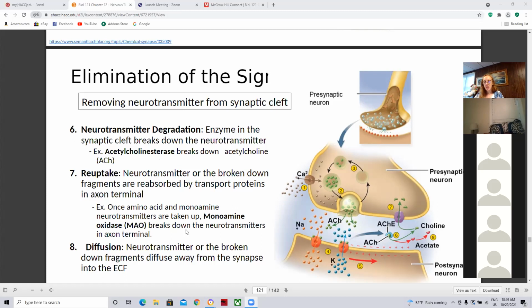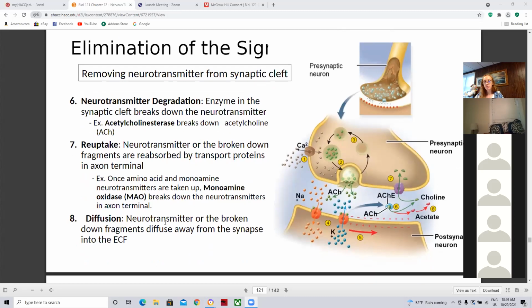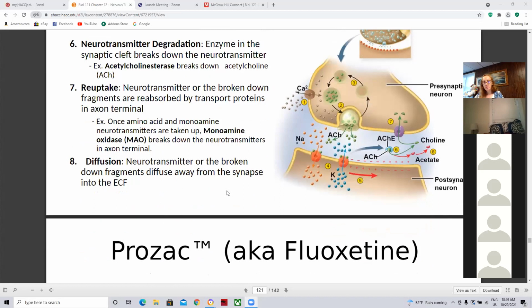Monoamine oxidase is an enzyme that breaks up monoamine transmitters. Or we can have the neurotransmitter diffuse away into the extracellular fluid. So it happens through three different ways. Gets degraded, gets retaken up, or it diffuses away.